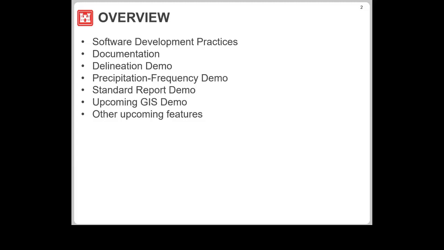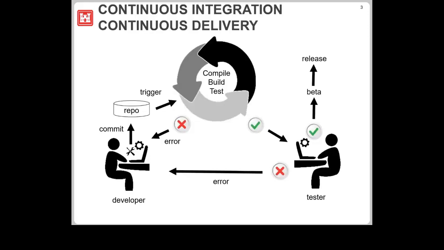Then Greg's going to pick up that model and show the new precip frequency grid options and hypothetical storm options we have in HMS. And then I'll do a short demo of our new standard reporting feature. And then I'll show just a sneak preview of some of our upcoming GIS features. These are 4.7 pre-release features. And then we'll talk just a little bit about some of our other upcoming features.